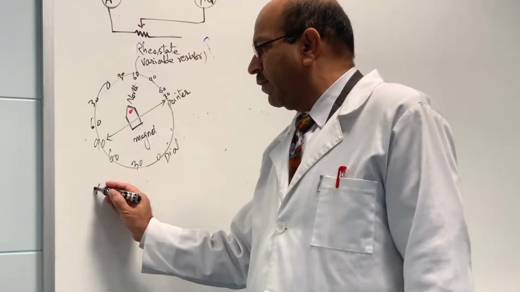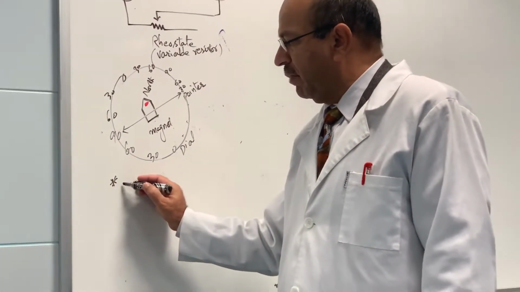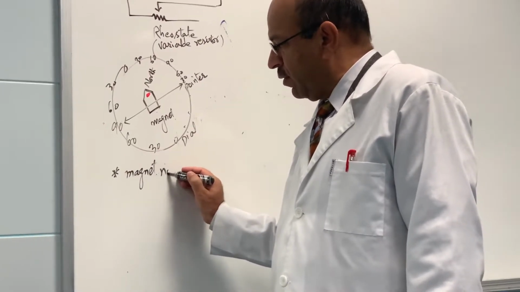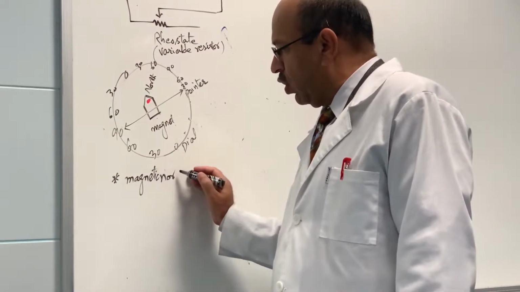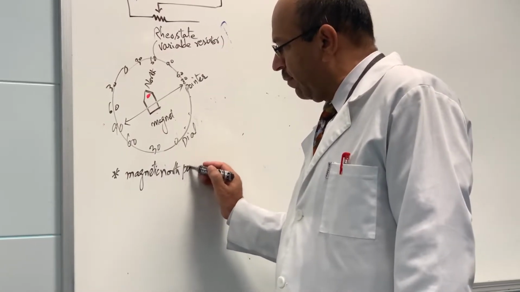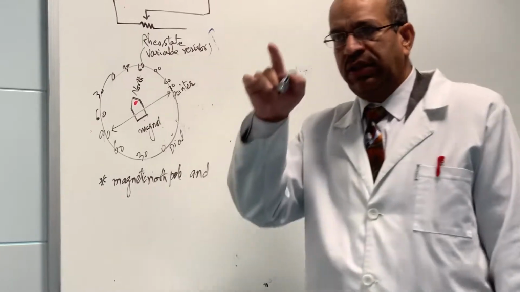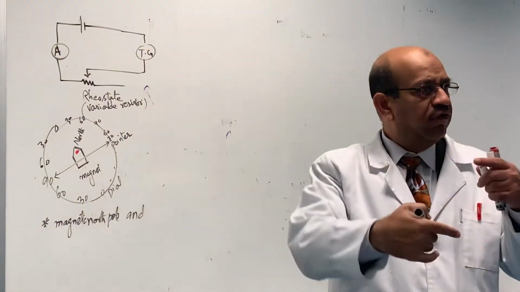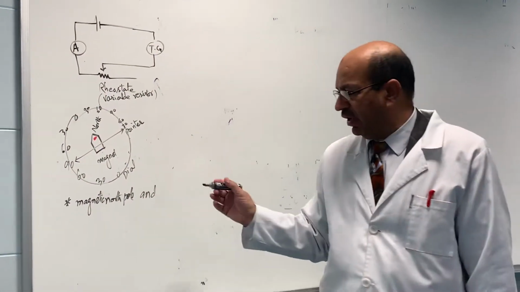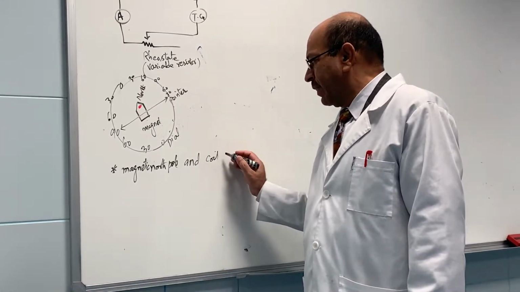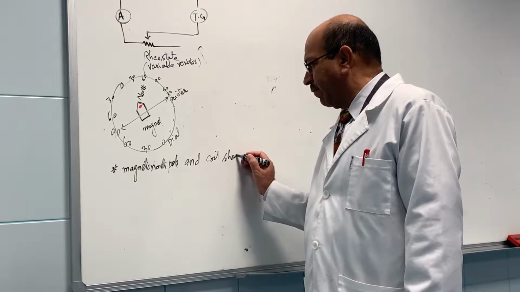Number one, look here. Magnet, north pole and coil. There is a coil wire, one loop, I will explain, and coil should align.